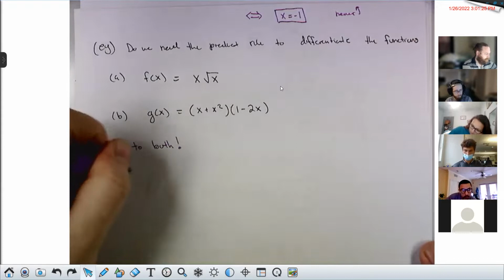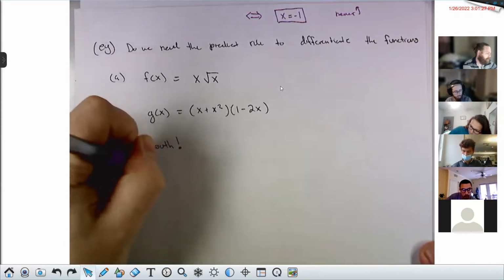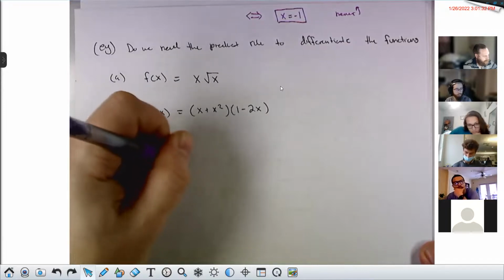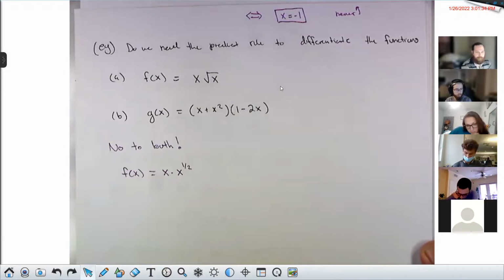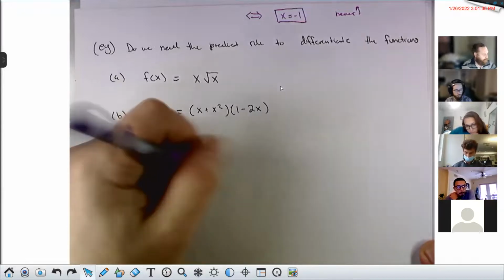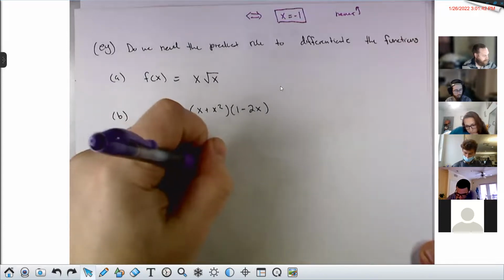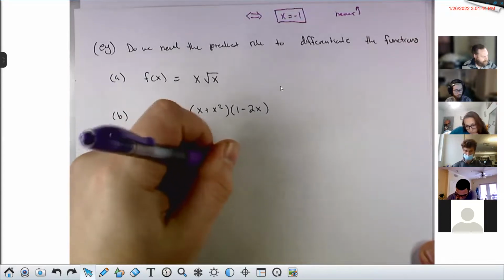F of x is x times x to the 1/2. Right? The square root of x is x to the 1/2. And if you just use your basic algebra rules, x to the 1 times x to the 1/2 is x to the 3/2.